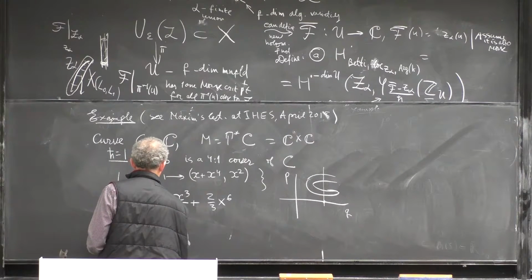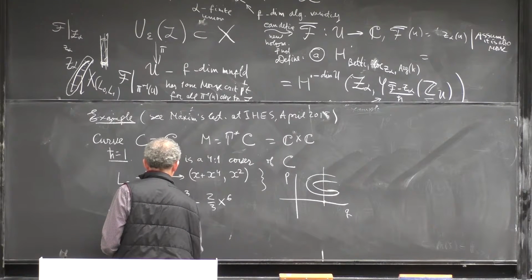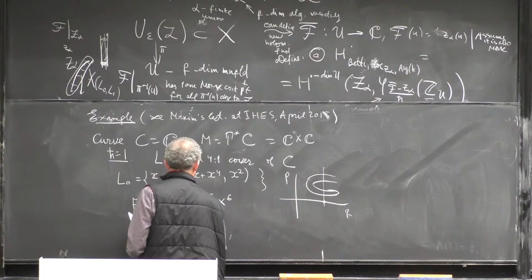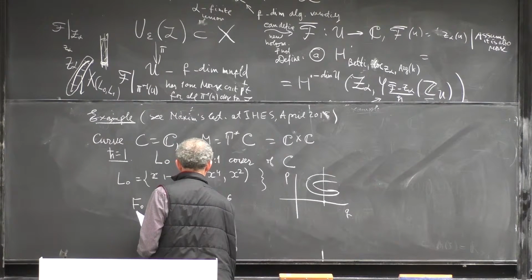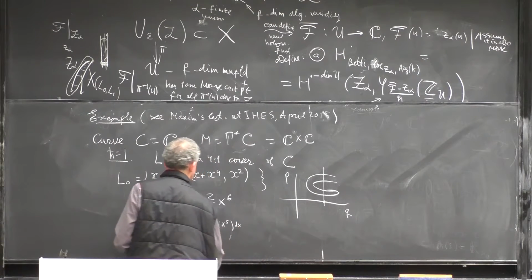Okay, hold on. PdQ restricted to L0 is x squared plus 4x^5 dx. Yeah, I think this is right.